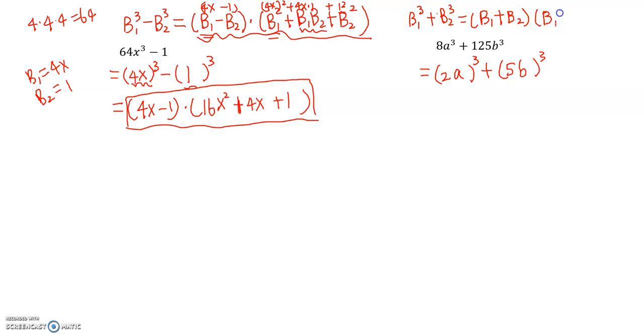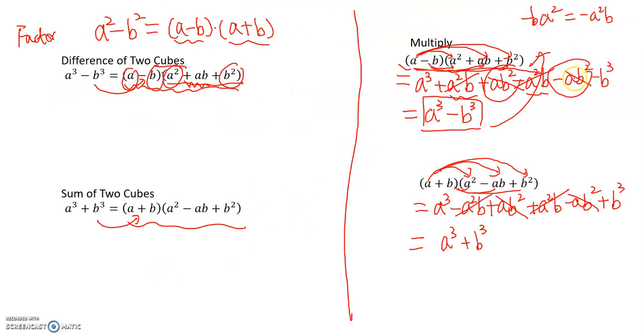And then we're going to have b1 squared minus b1 times b2 plus b2 squared. And this minus here is trying to give us some negatives so we can cancel some of the terms as we see previously. So if you have minus here, that will make some negatives, which can cancel those positive ones.